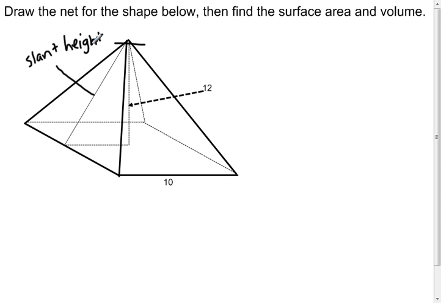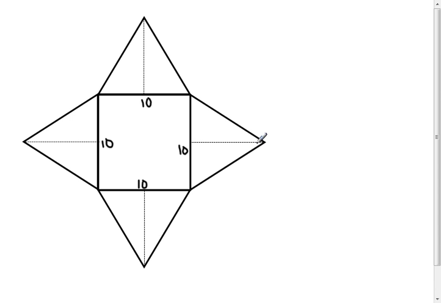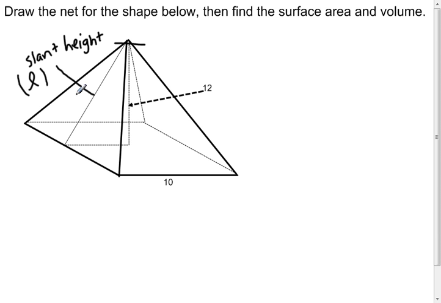That's just the term we use for that. Usually the symbol used for that is cursive L, so slant height we call L. This slant height is what's going to go on our net for the height of the triangles here. We don't know that, so we've got to do some math to figure that out.